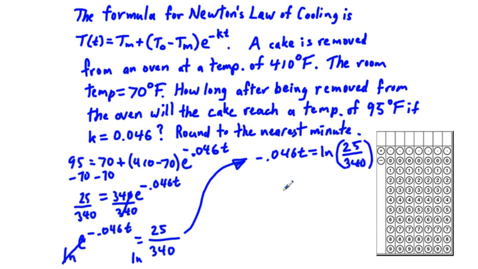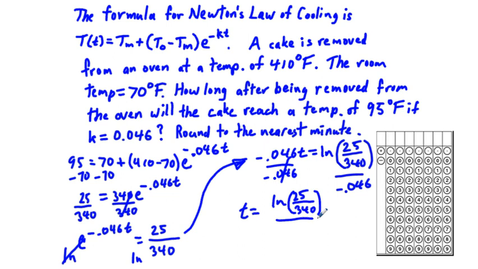And if we divide by negative 0.046, we're going to have t is equal to the natural logarithm of 25 over 340, over negative 0.046. And we'll put this in our calculator.